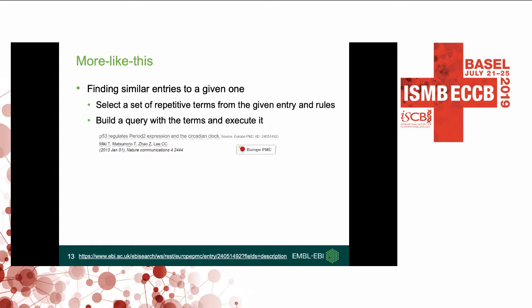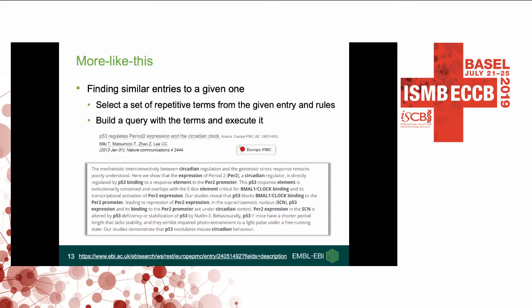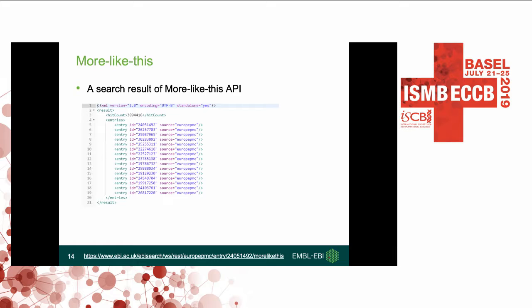There is an example publication, and this is the abstract of the publication. The bold terms are the terms selected for the next query. Then we build a Boolean query using those terms, and this is the outcome of the query.